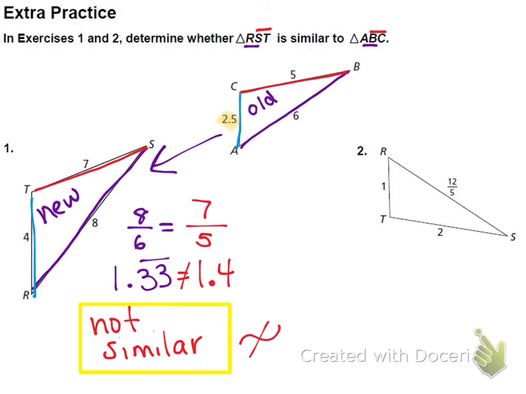All right, some of you already did this, but I did not. SR corresponds with AB. RT still corresponds with AC. And then ST corresponds with BC.